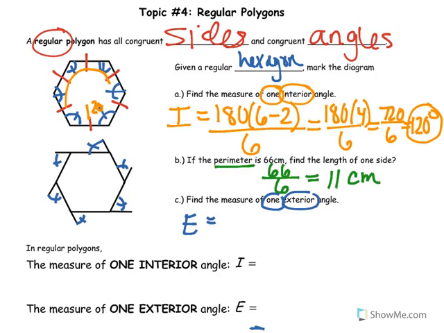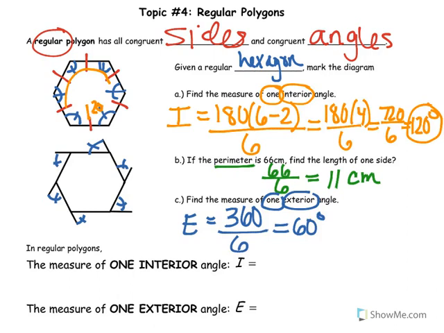Which means, again, we can do the same type of thing. I know that all of these angles together are going to sum to 360 degrees, but there's 6 of them that are congruent, so I can divide by 6, and that means each of them is going to be 60 degrees.